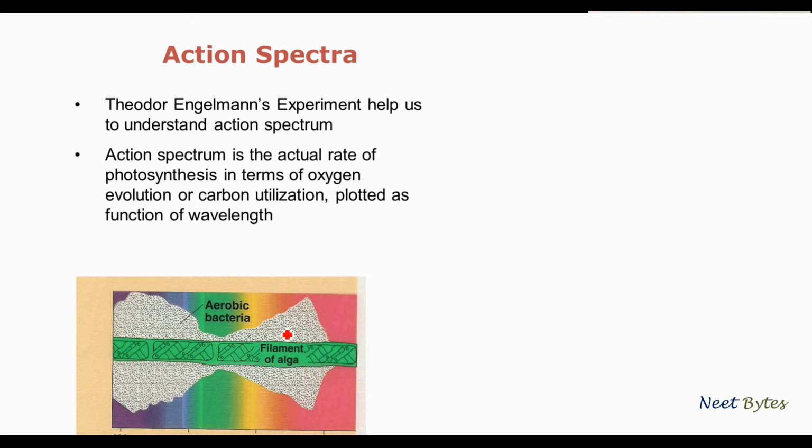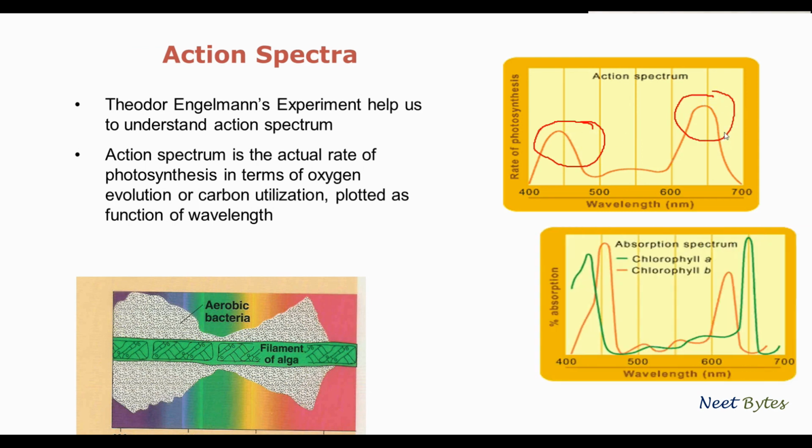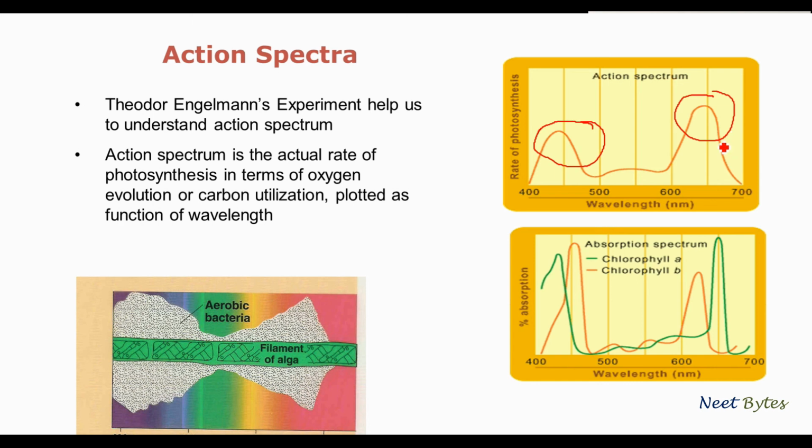If you see the action spectrum, it looks like this: in the blue region it is like that, and in the red region it is like that. More or less, if we superimpose these on the absorption spectra, they go hand in hand, because in blue we see a peak and in red also we see a peak, right? This is all as far as absorption and action spectra are concerned. Okay, so that's all. Thank you.